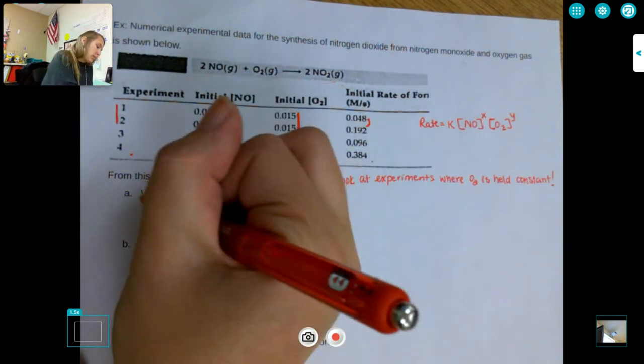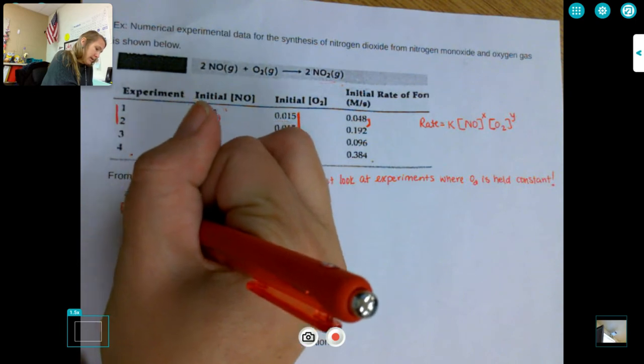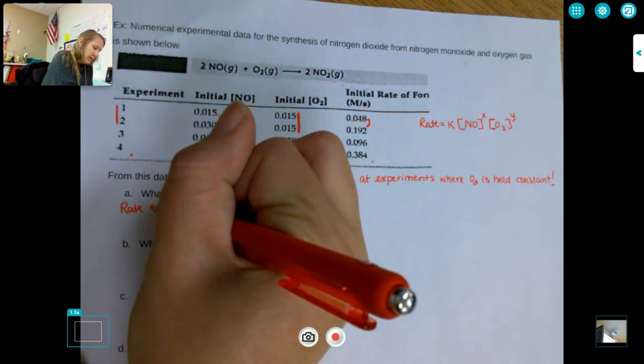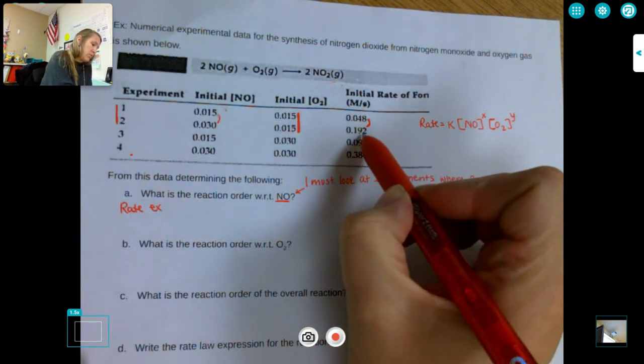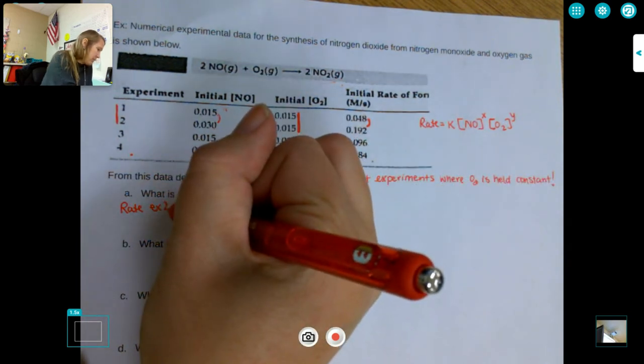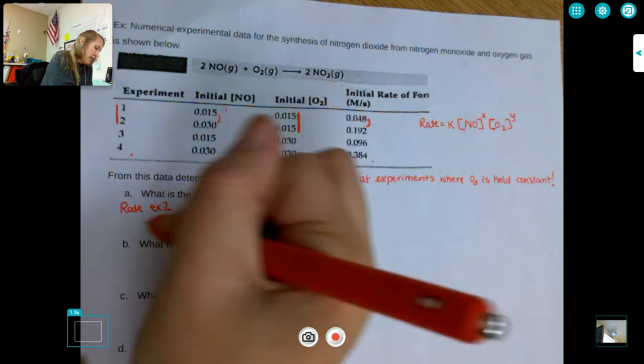So because my rate of experiment 2 is bigger than experiment 1, I'm going to do experiment 2 on top, and experiment 1 on the bottom.